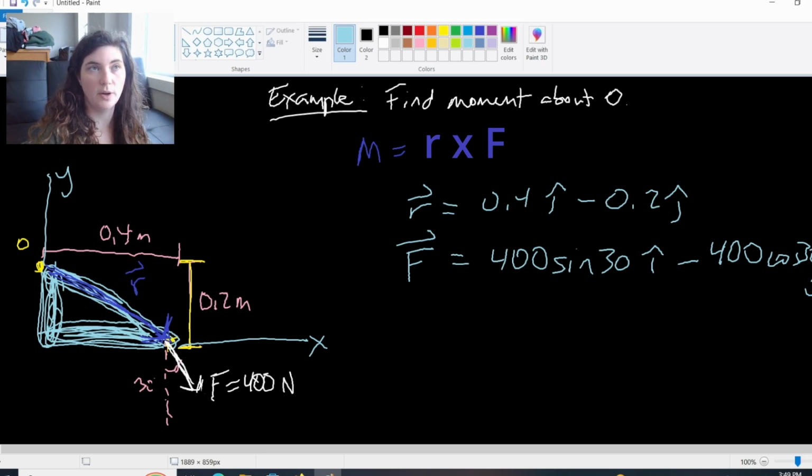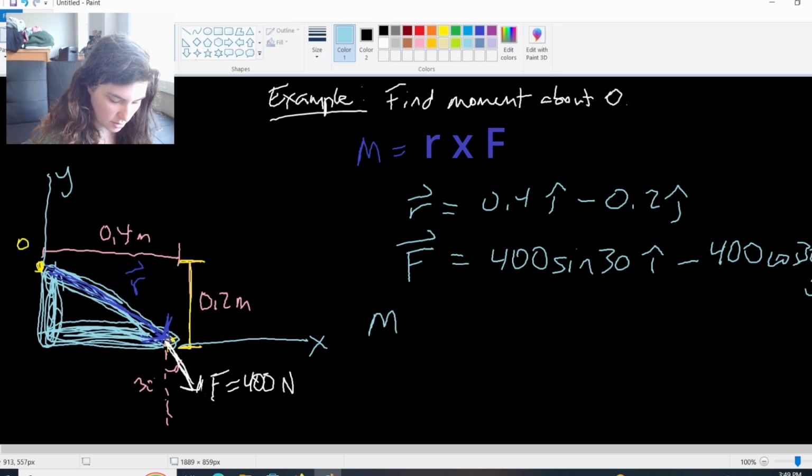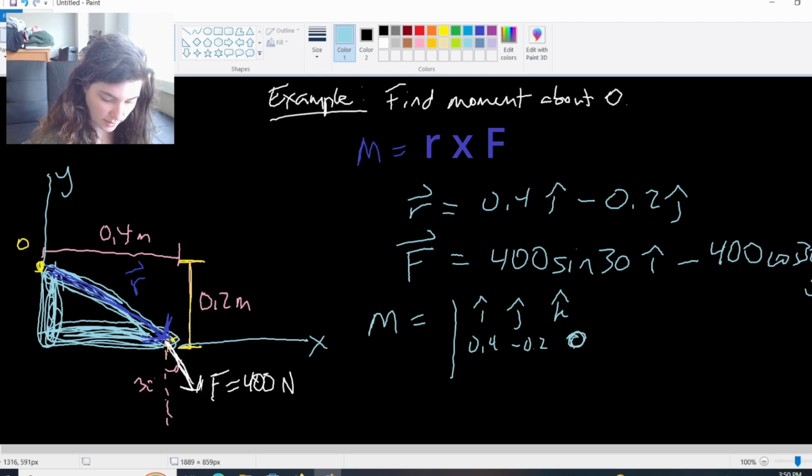And so I'm going to go ahead and do the cross product to find what my moment is. So my moment is going to be the cross product of i, j, k, then 0.4, negative 0.2, and 0, right? There's no z component in these.